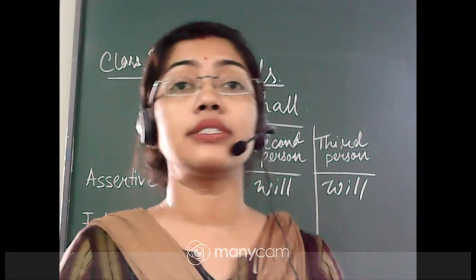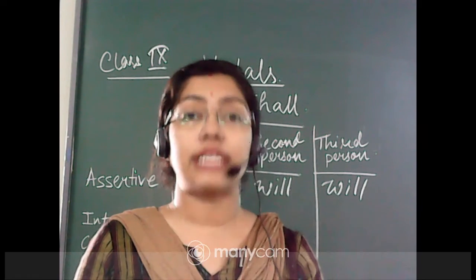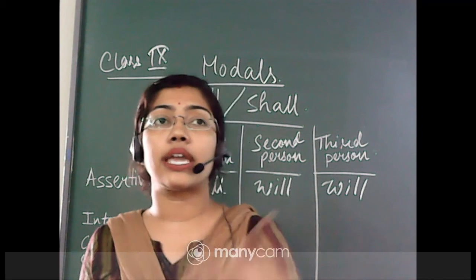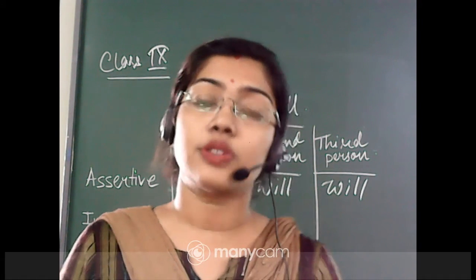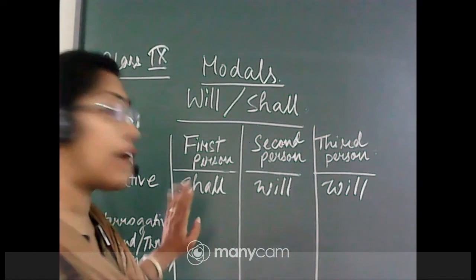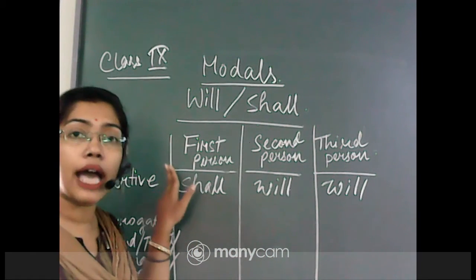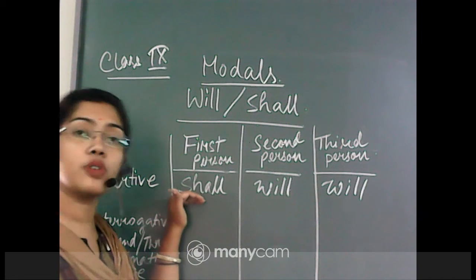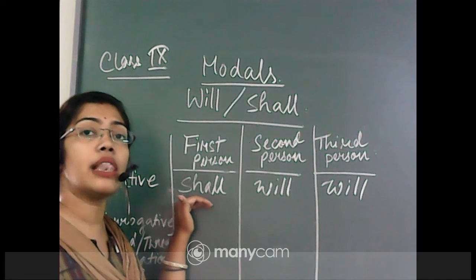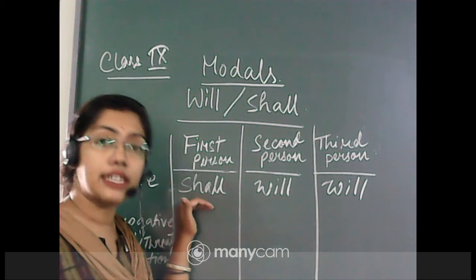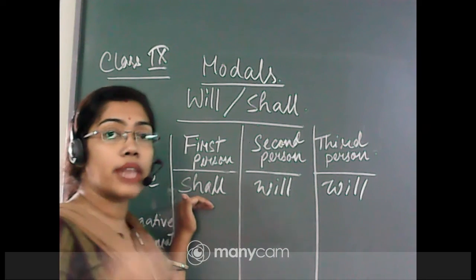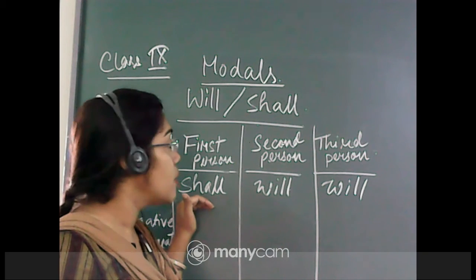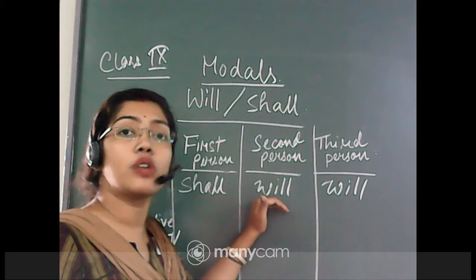So that means you are talking in a future tense, just a normal statement, that you used to do daily and are again going to do tomorrow. So first person means I and we. For these we are going to use shall. So shall makes it an assertive sentence, where shall is used as a simple future tense, whereas will: you will go to school tomorrow.